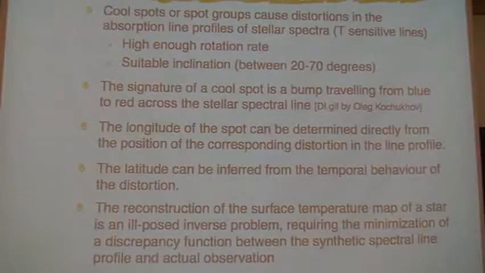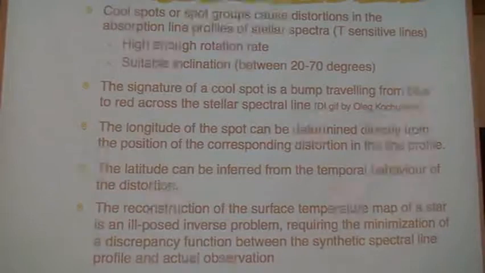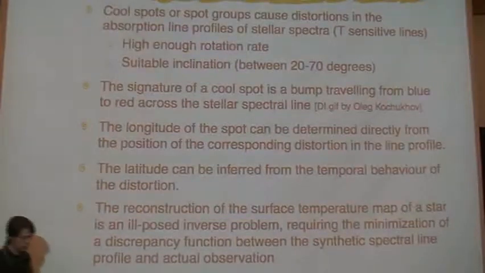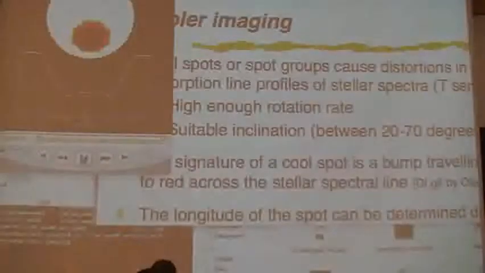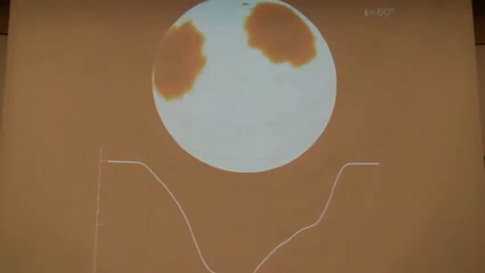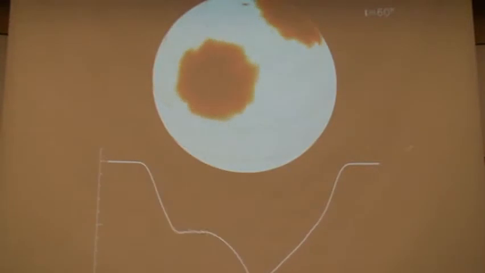Okay, so there's now an animation by Oleg Kochukov, as I'm showing in this place. So you have some synthetic spots on your synthetic star. Then you look at the line profile.